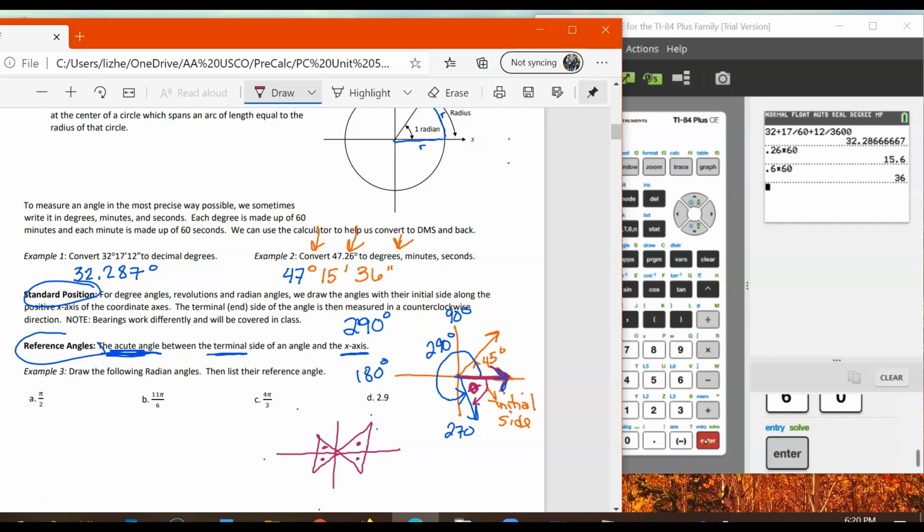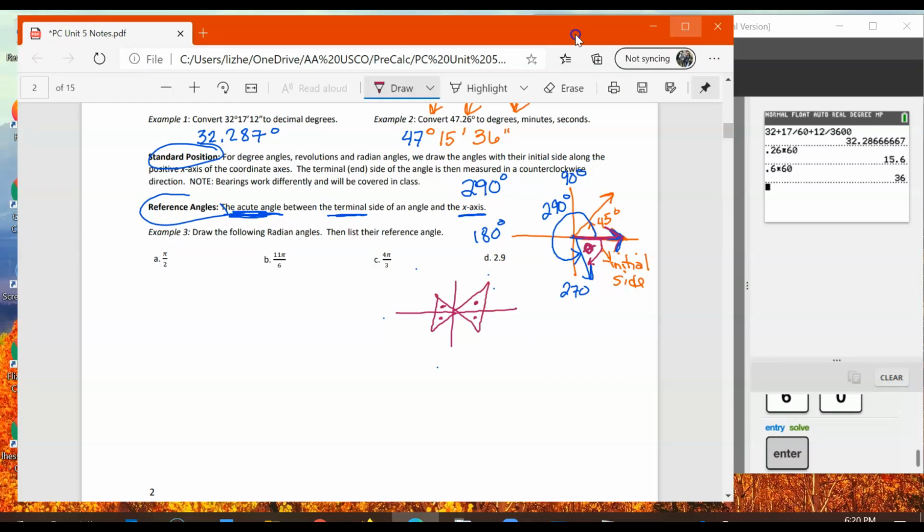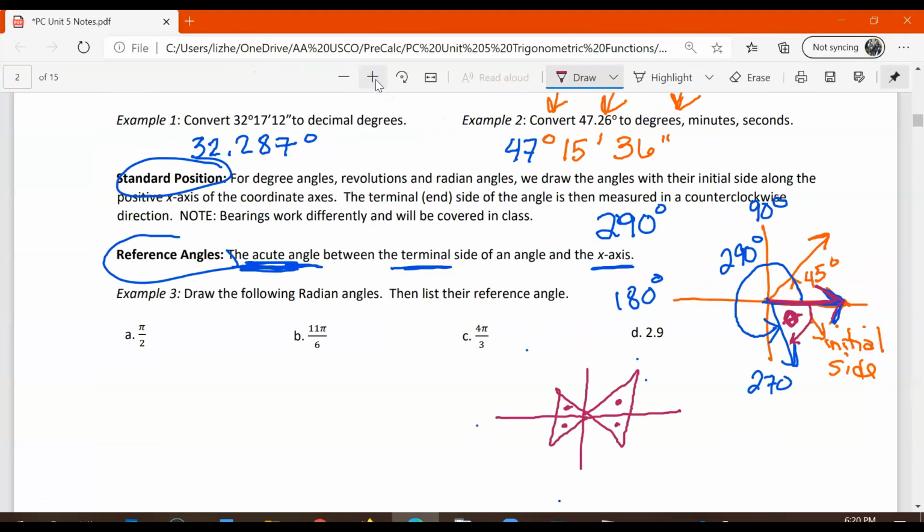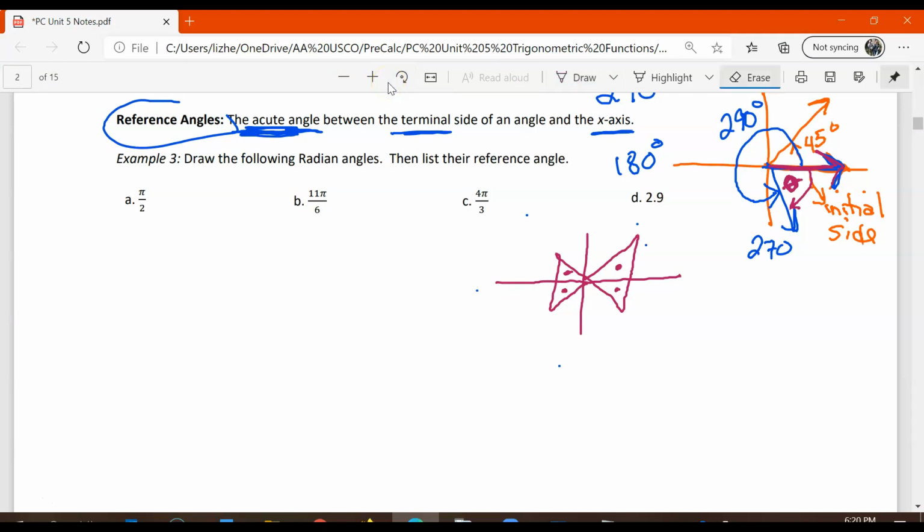All right, so then draw the following radian angles, then list their reference angle. So I can actually make this big and have a little more space. But I get to erase again. Okay. There we go. So let's do the first one.